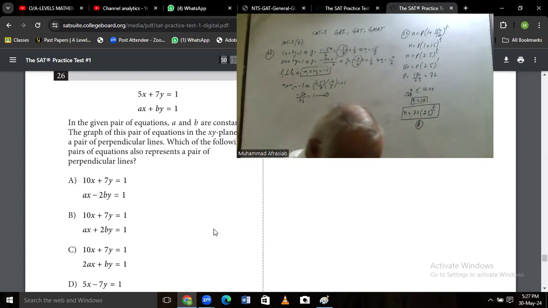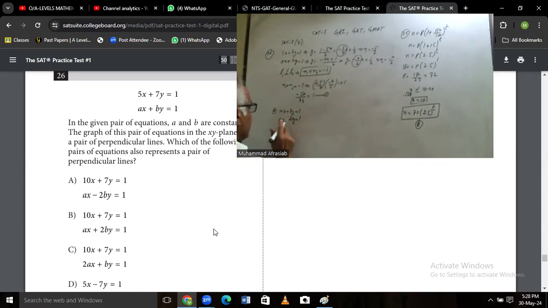Option A is 10x plus 7y is equal to 1 and ax plus 2by is equal to 1.